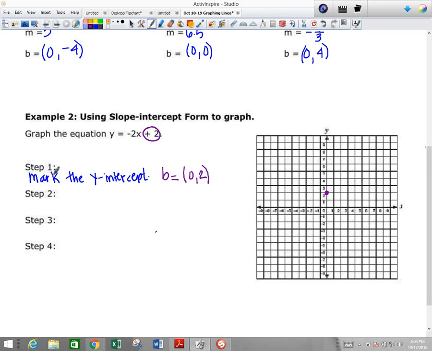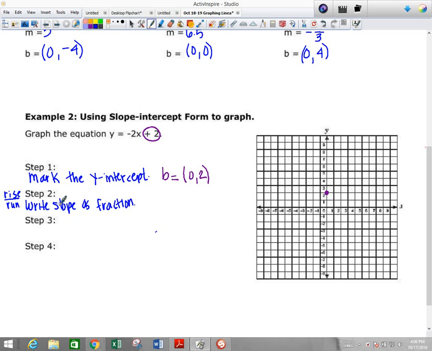All right, the next step is to write the slope as a fraction. Remember that when we talked about slope, it is rise over run, it's a fraction.